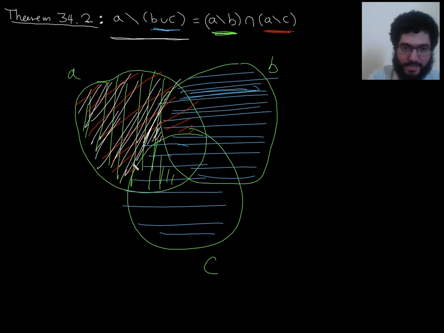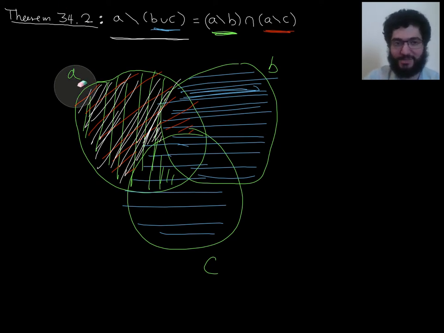And then the red is this part. And if I intersect them, take the things that are both in the green and in the red, then I get this part. And that's the same as the white. So this is not a proof at all. It's just a picture, but it suggests why this might be true.